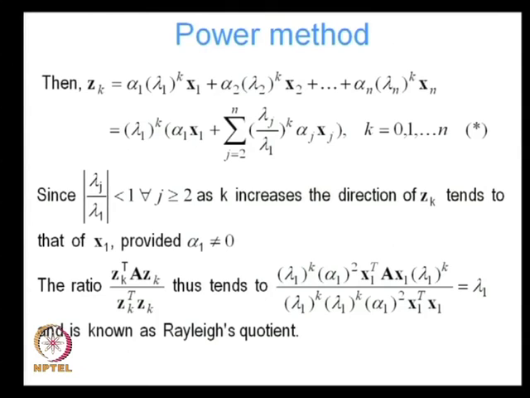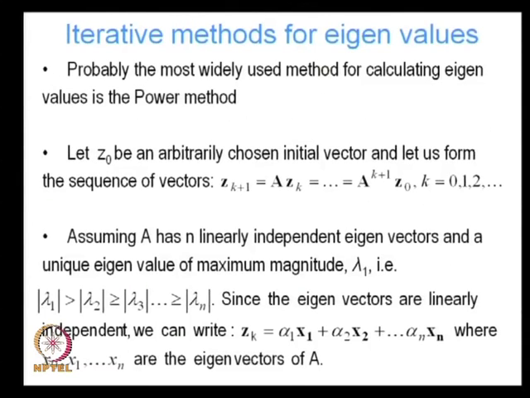So, A operating on zk therefore can be written as alpha 1 A operating on x1 plus alpha 2 A operating on x2 plus alpha 3 A operating on x3 through alpha n A operating on xn. And since x1, x2 and xn are eigenvectors of A, A operating on x1 is nothing but lambda 1 times x1, where lambda 1 is an eigenvalue of A. Similarly, A operating on x2 can also be written as some other eigenvalue times x2 and so on and so forth.